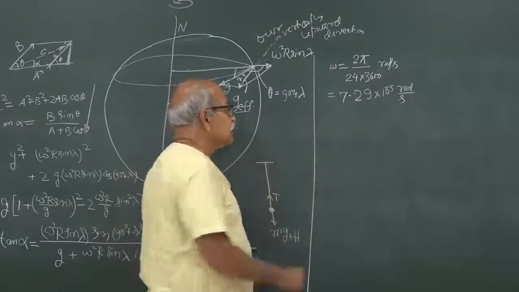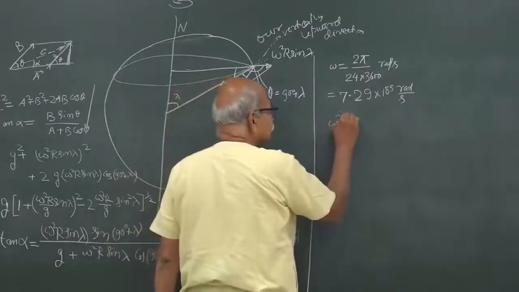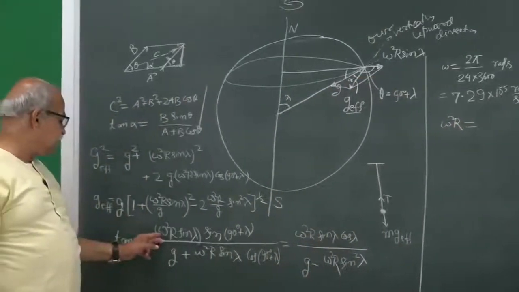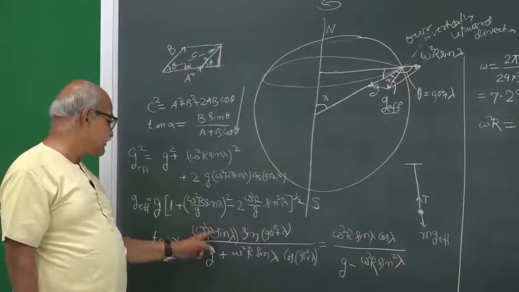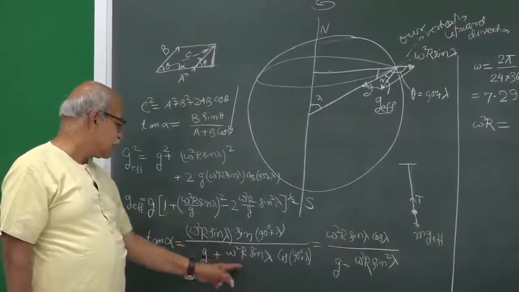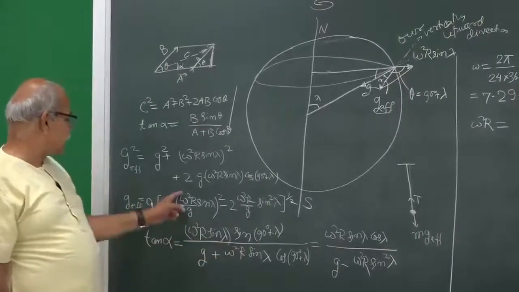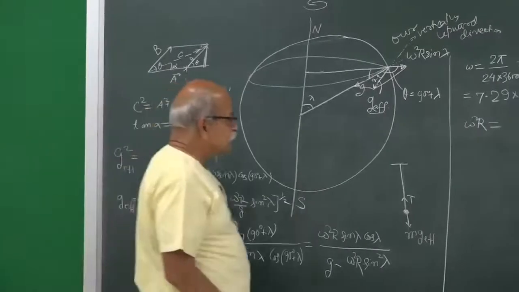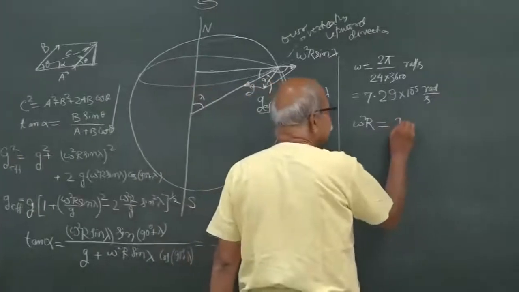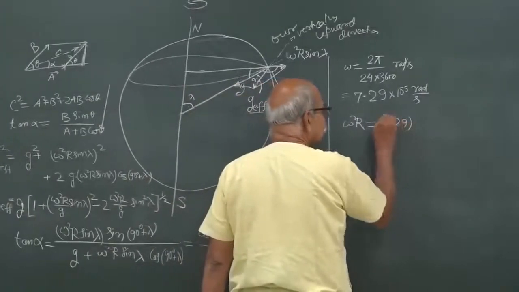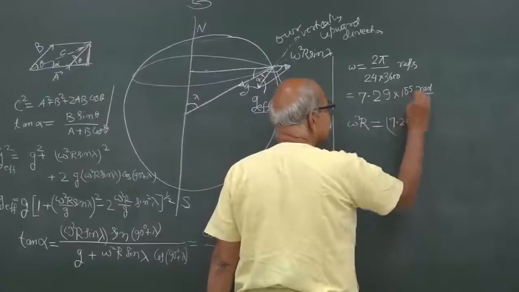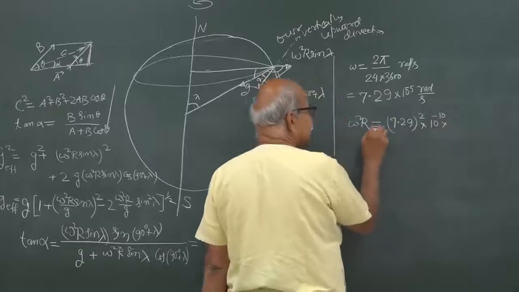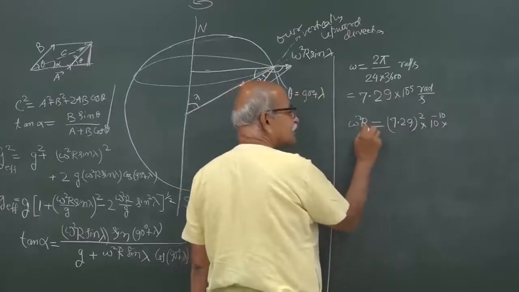It is a small number, and omega square r, because wherever this omega is coming, it is coming in this combination omega square r. Okay. So, omega square r. So, this is 7.29 square and into 10 power minus 10 multiplied by r, capital R, this is the radius of the earth.